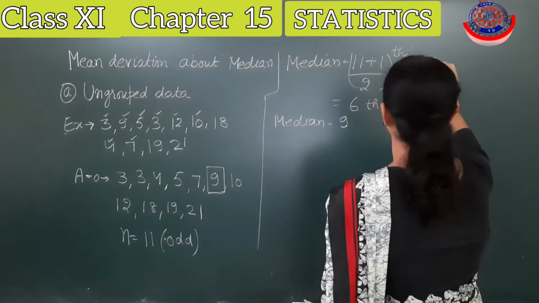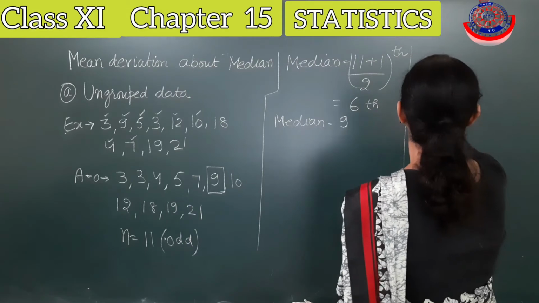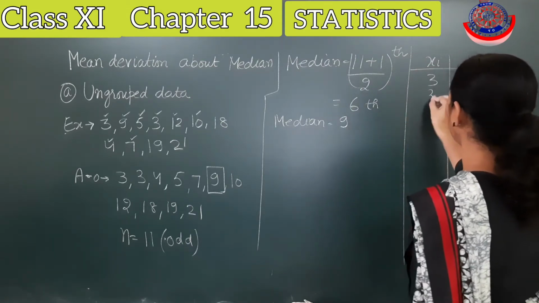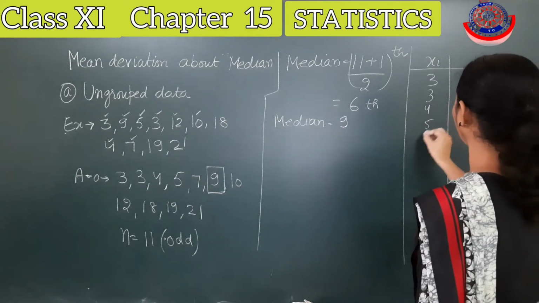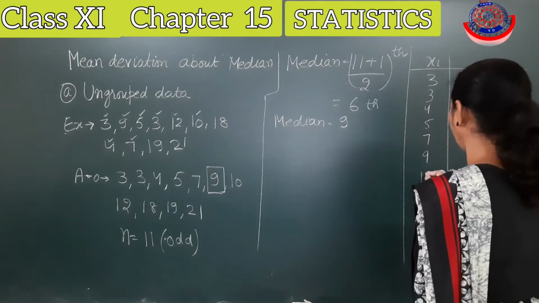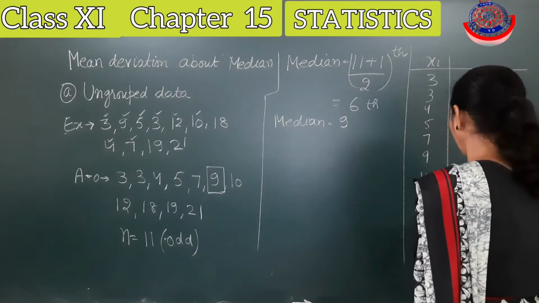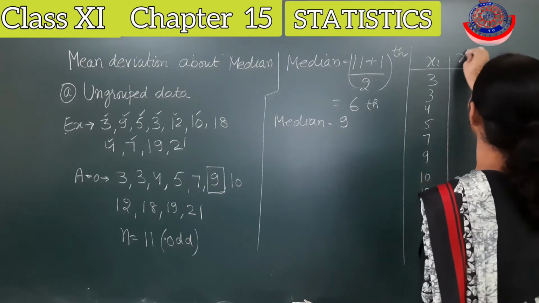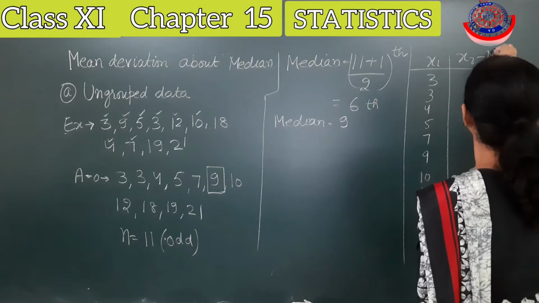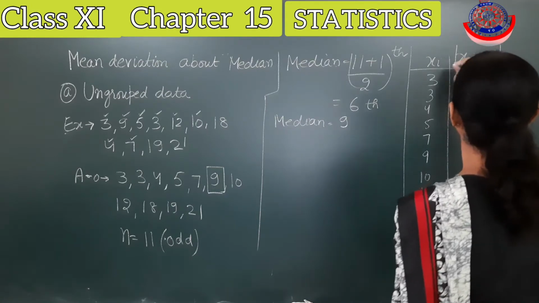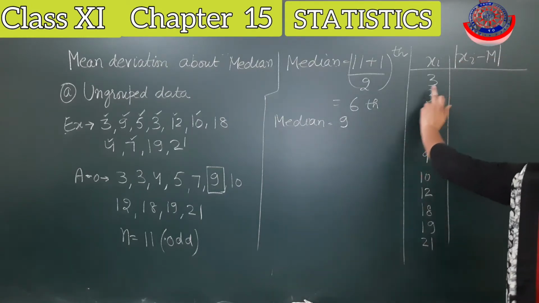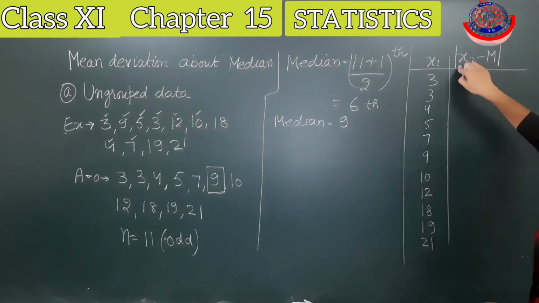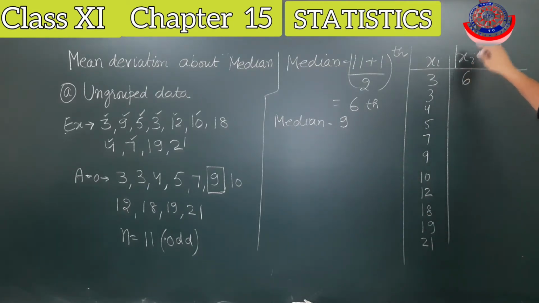First of all, write down the xi: 3, 3, 4, 5, 7, and so on. For each xi, subtract the median and take the absolute value also. 3 minus 9 is minus 6, but we will be writing plus 6 because we are taking the absolute value, means mod.